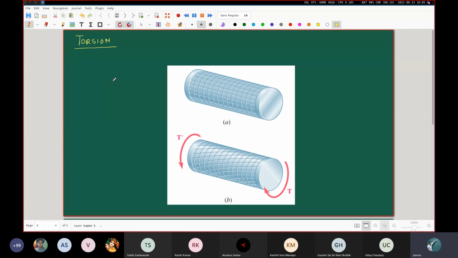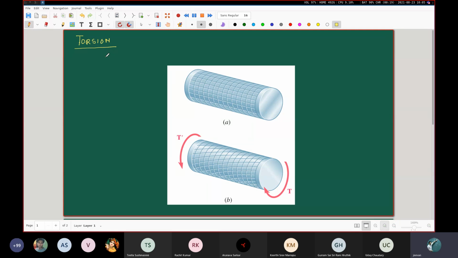But before we start, can you just tell me what could be some of the possible applications of torsion? Now, I have not yet defined what torsion is. It is basically some kind of a twisting action on a shaft-like object.